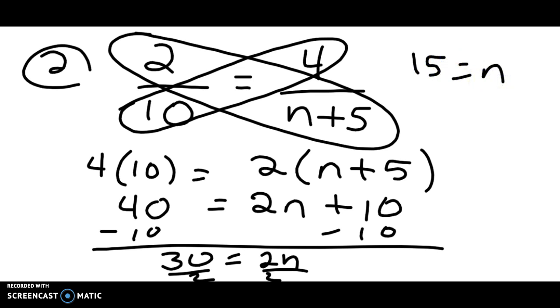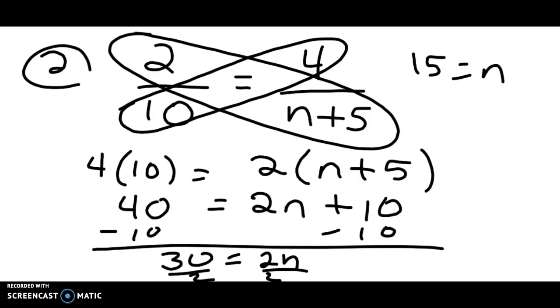I'm going to show you how to check that one. So we have 2 over 10 equals 4. What did I say that was? I lost it. Okay, so let's check it again. N equals 15.